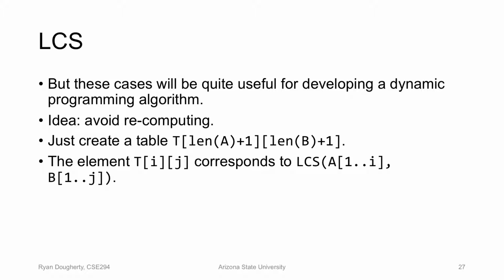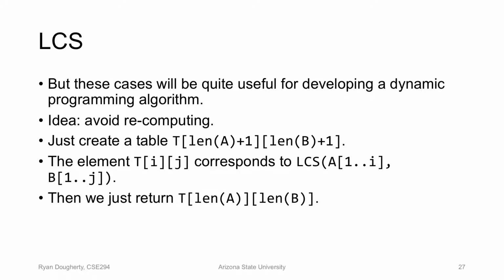And then I want to figure out for each of these entries how I can infer what it will be from the other entries I've already computed, right? So since I want to figure out what the LCS of the entire A and the entire B is, I just return T of the length of A, length of B.